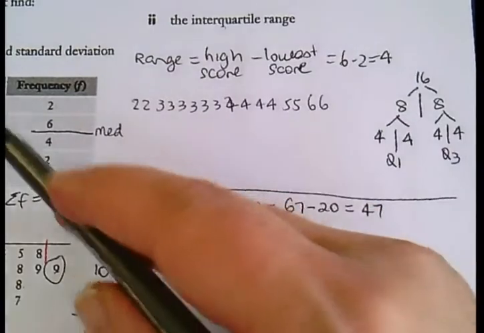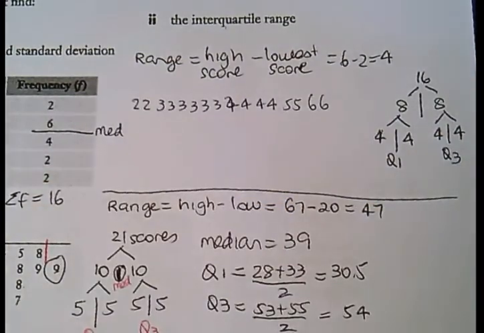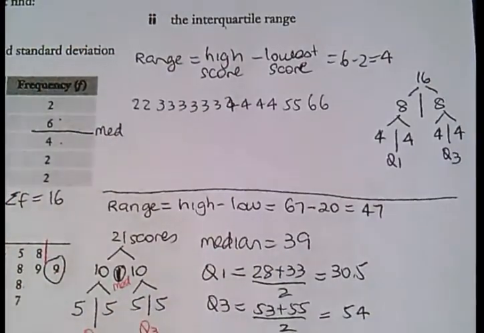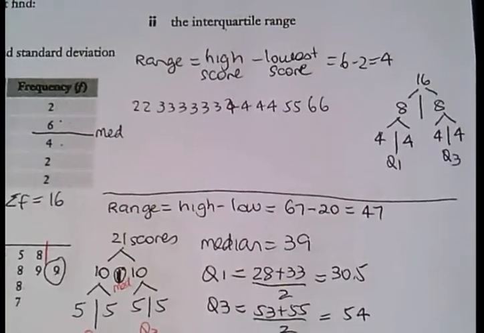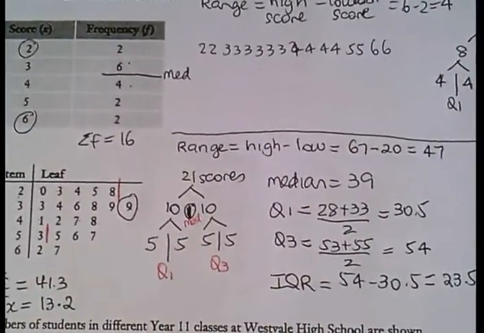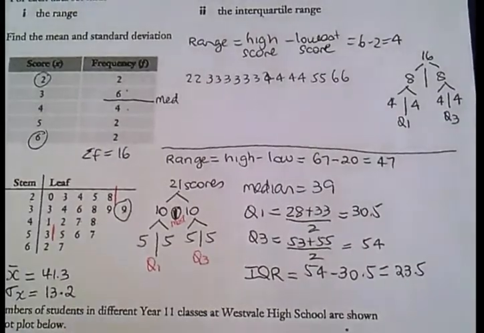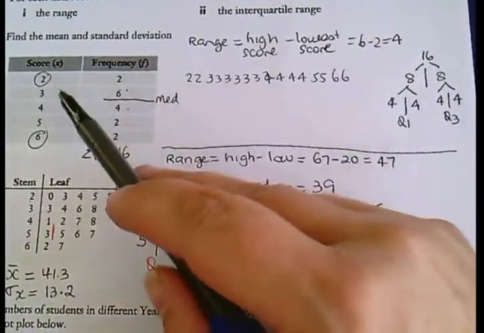What's the median if I look at the table? Anyone? The median is between there and there. What's the median? Sorry, you can't see my screen. The median is 3.5. Yes, it is. Because it's the average of 3 and 4.